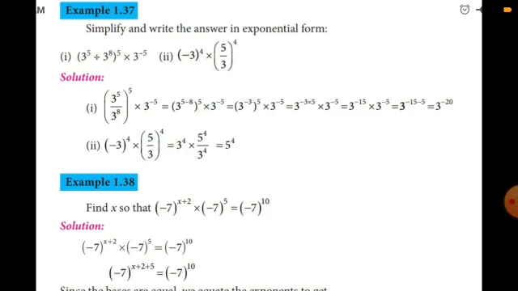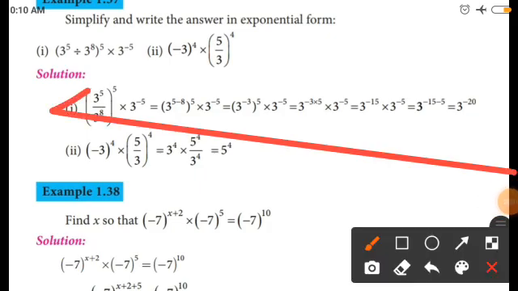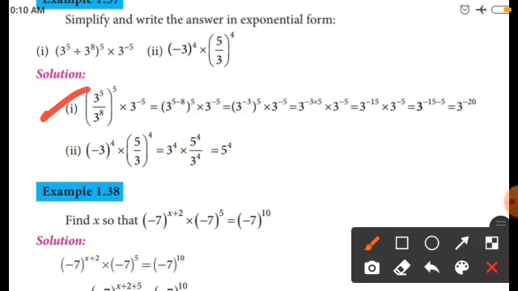The first one: 3 to the power 5 divided by 3 to the power 8, whole to the power 5, into 3 to the power minus 5. In this question, we take 3 to the power 5 divided by 3 to the power 8, whole to the power 5.